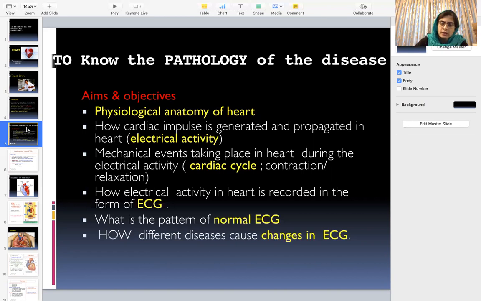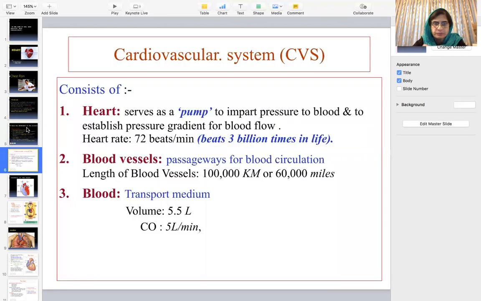So these are the learning objectives: the physiological anatomy of the heart first of all, then the electrical activity, followed by the mechanical activity, the cardiac cycle, then the recording of that electrical activity in the form of ECG, the normal ECG pattern, and the changes taking place in the ECG during cardiac disease conditions.